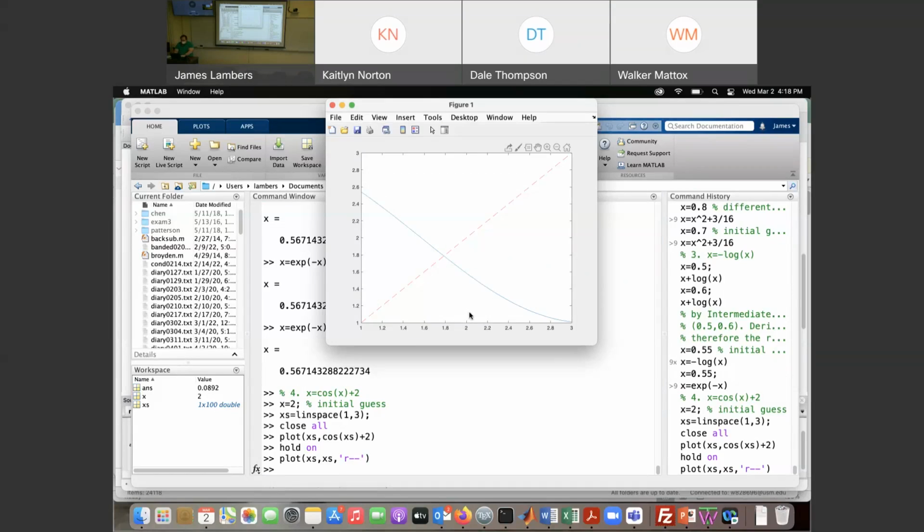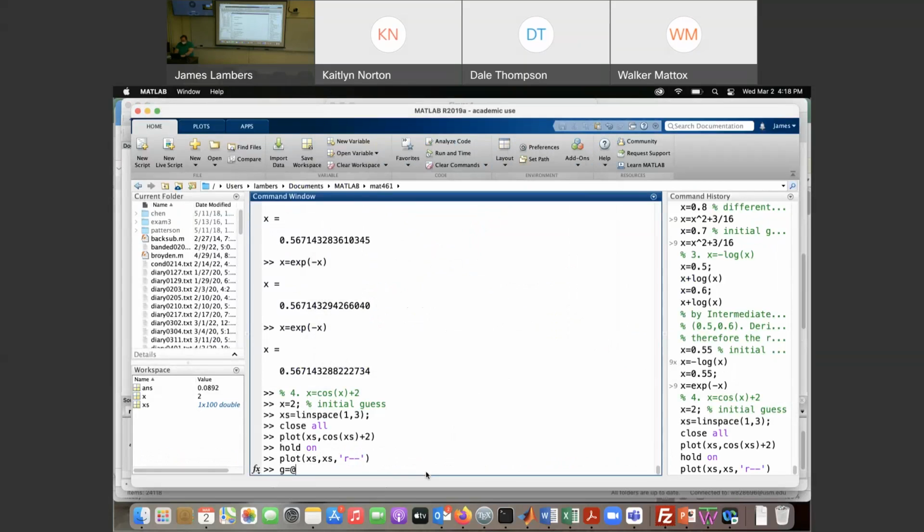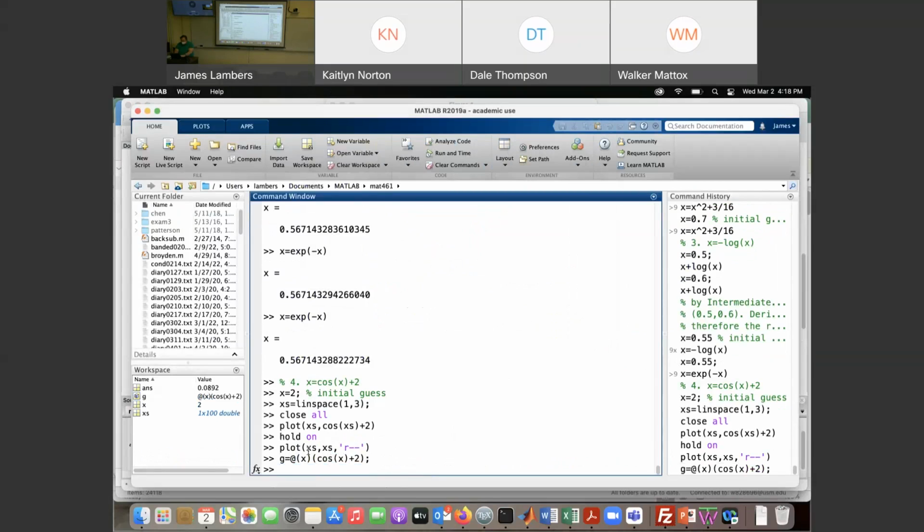So for convenience, I can define a function handle, g, the function of x, will be cosine of x plus 2. Now I don't have to type out a formula every time I want to perform an iteration. I can just do x equals g of x. So my initial guess is 2. All right, so I'm going to plot x, g of x, and a red circle.